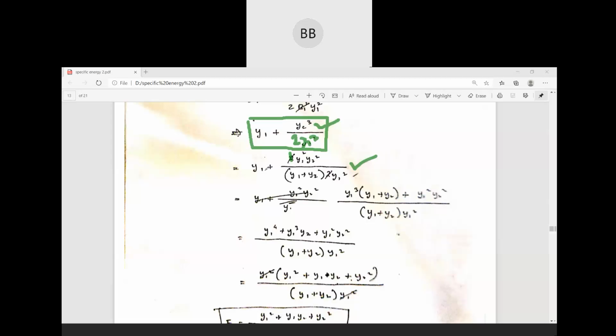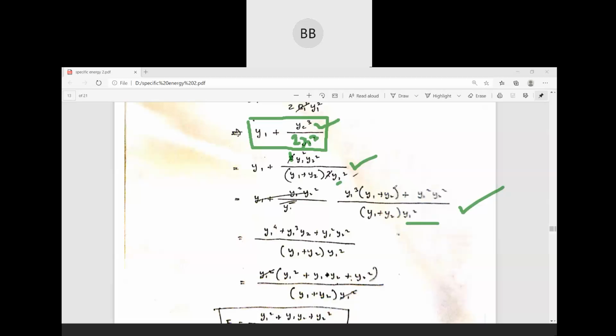Then you again take LCM and you find the expression. It will be y1 square multiplied by y1, it will be y1 cube, and then we have this also multiplied by y1 plus y2, plus y1 square y2 square, divided by y1 plus y2 times y1 square.